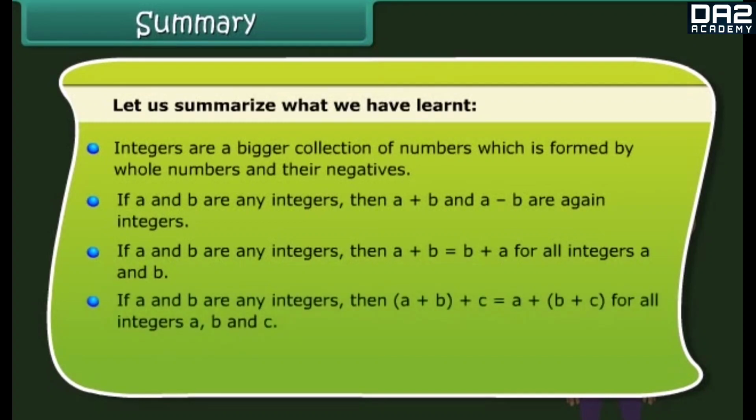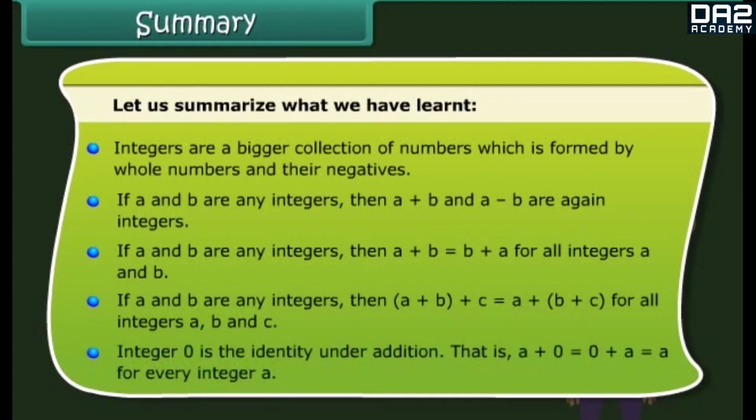If a, b and c are any integers, then a plus (b plus c) is equal to (a plus b) plus c for all integers a, b and c. Integer 0 is the identity under addition. That is, a plus 0 is equal to 0 plus a, which equals a for any integer a.